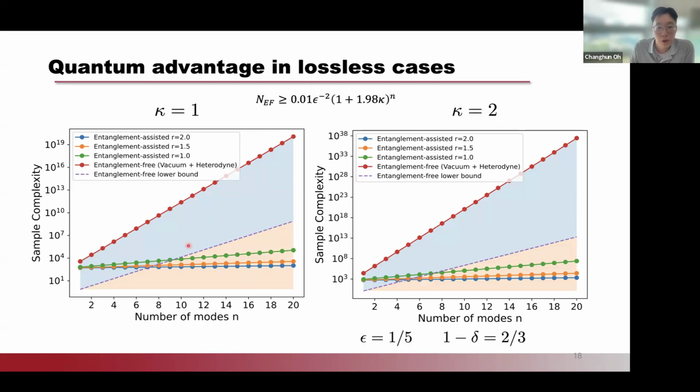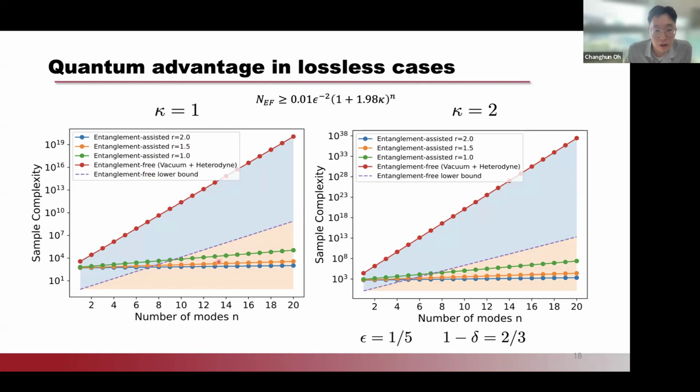Here we're comparing different schemes. The entanglement-assisted scheme means that we are using entanglement with different squeezing parameters. We also compare this particular entanglement-free scheme where we use vacuum plus heterodyne detection. Another scheme is the lower bound of the entanglement-free schemes, which we proved using the theorem.